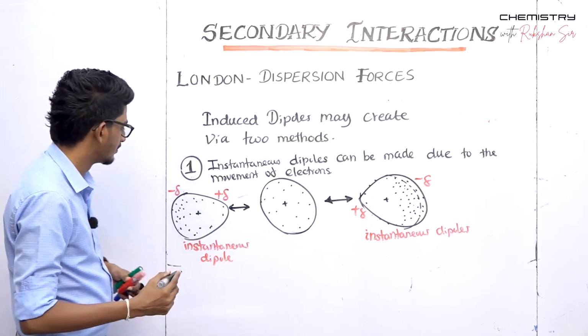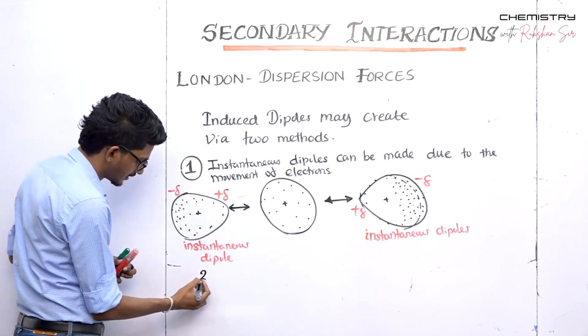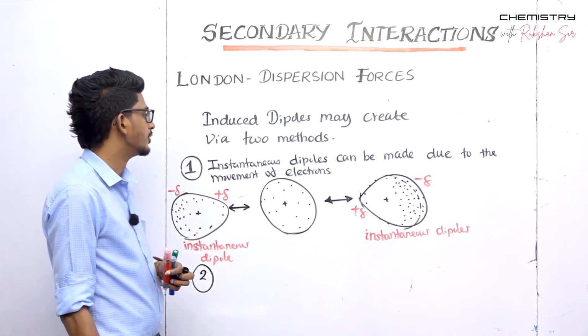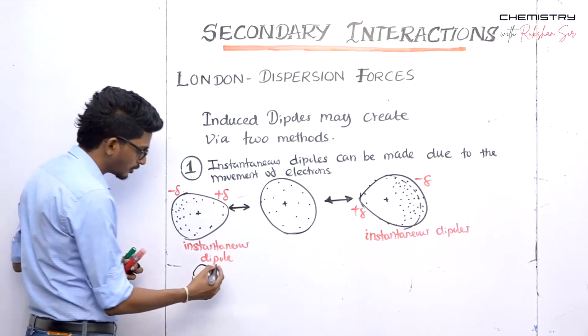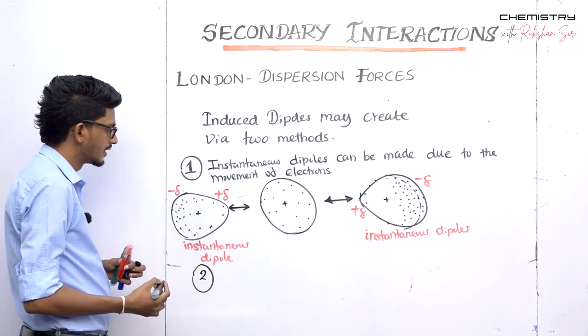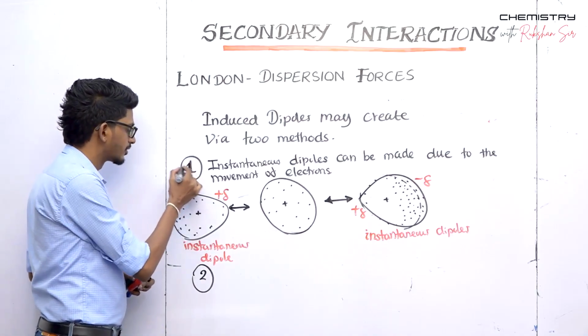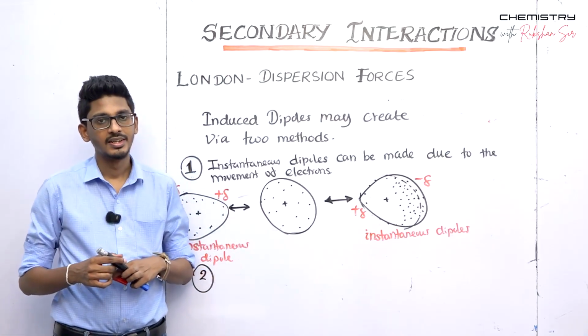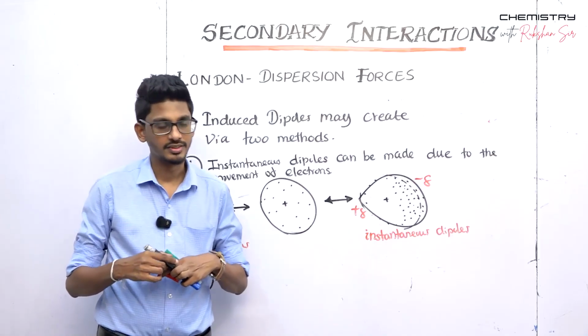Okay. Second method of producing induced dipoles, that is due to the attraction or repulsion of electrons in the presence of external electric fields.